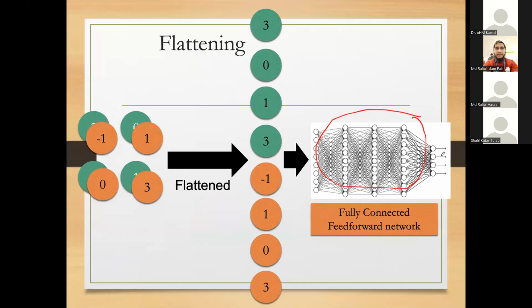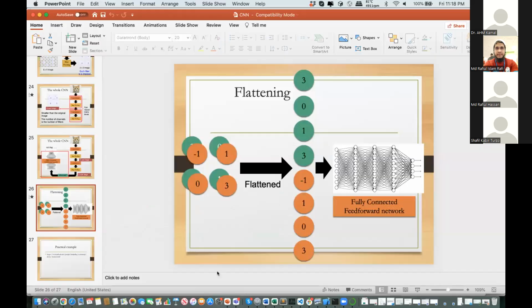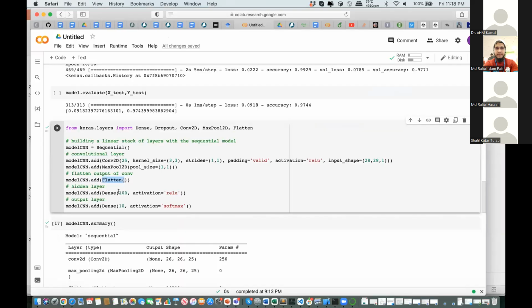The dense layer will give me the classification. What is the digit? Is it 0, 1, 2, 3, 4, 5, 6, 7, 8, or 9? The dense layer will classify the data into which digit it is. So in my code, I'm adding the last layer, the dense layer. Can you see it? Yes.